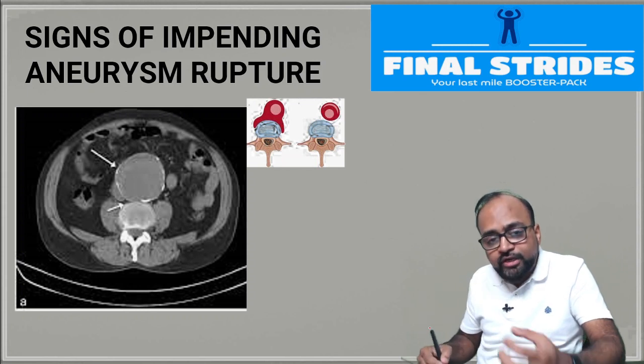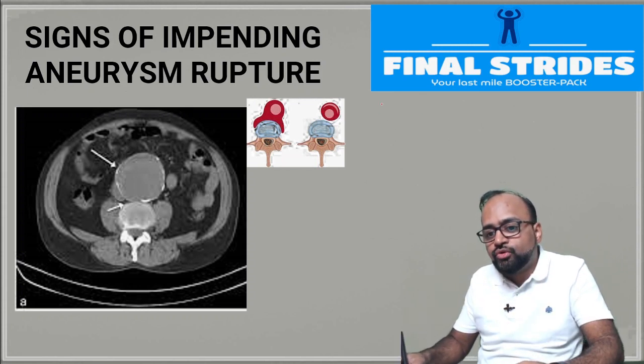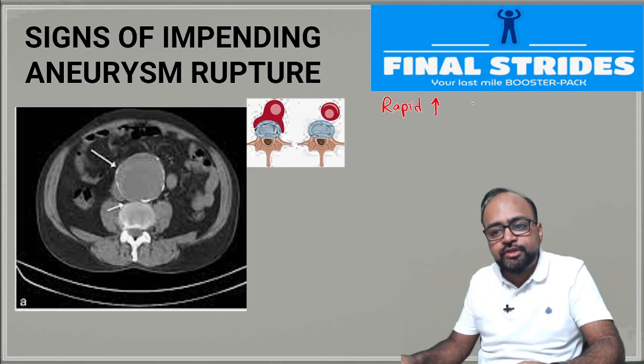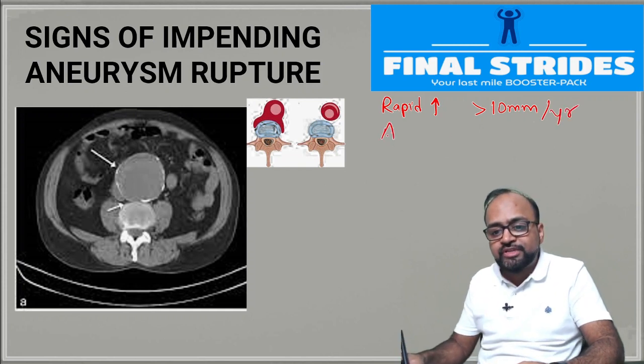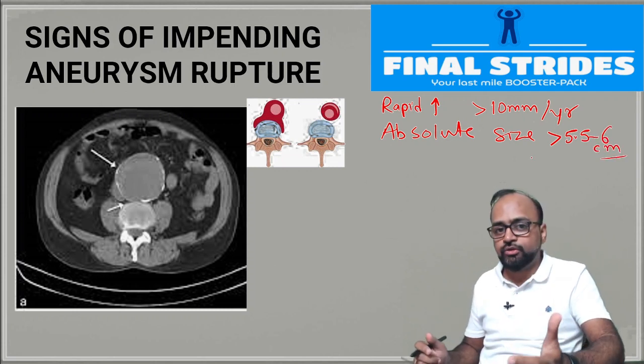One, if you see a rapid increase in the size, how much? Say more than 10 millimeters per year, or an absolute size of say more than 5.5 to 6 centimeters, that is the diameter of the aneurysm.